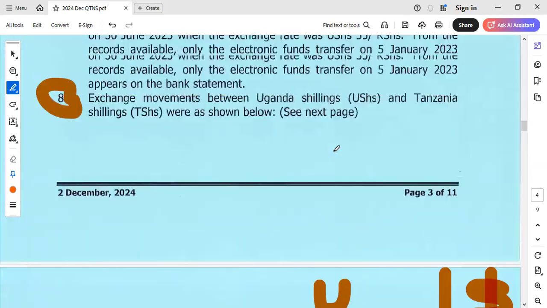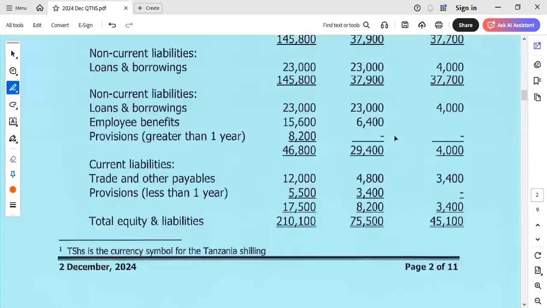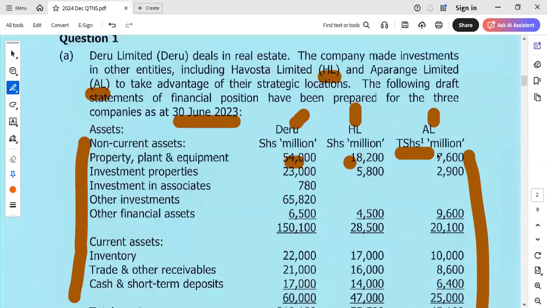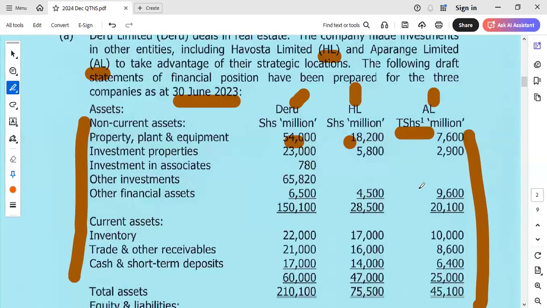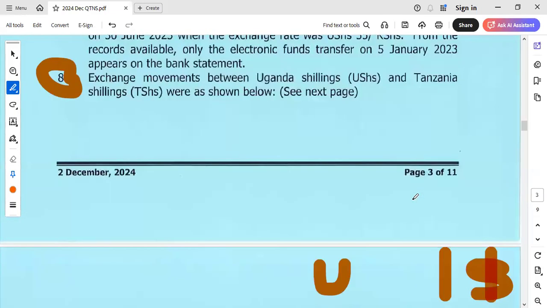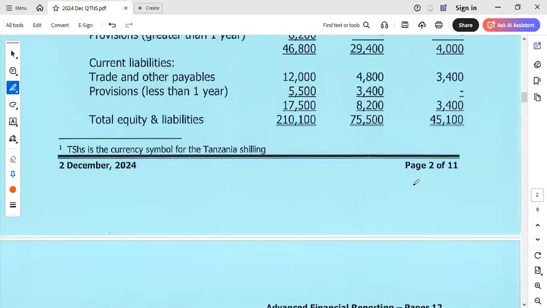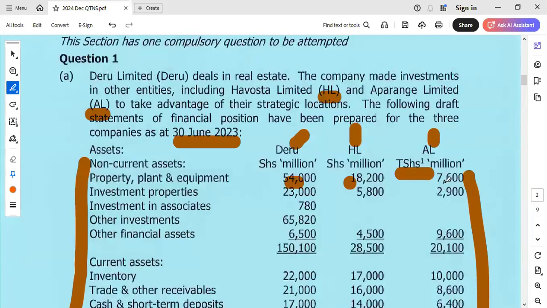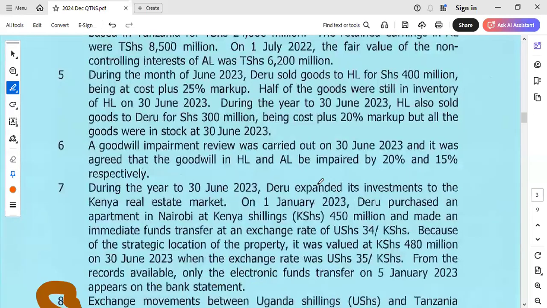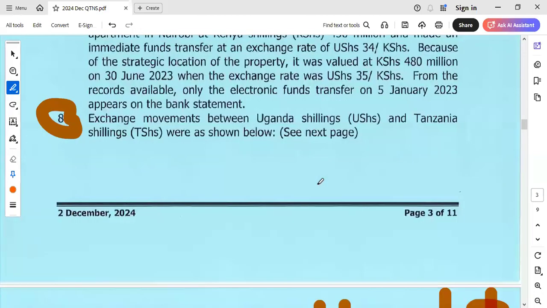So what if you have these figures in TZ shillings? You will be multiplying. Okay, let me hope that one is clear. If it is an indirect quote, you'll be getting the figure divided by the exchange rate. But this is a direct quote. You are going to multiply.